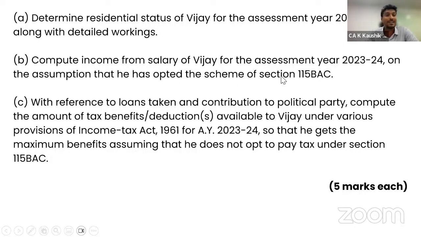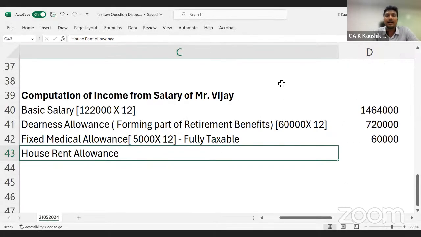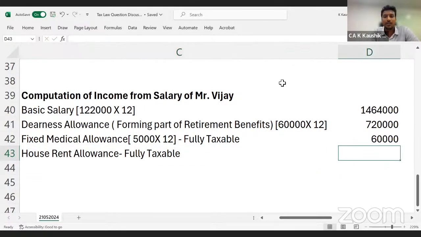So this becomes very critical as to how we are assuming. There is no requirement for me to calculate the HRA exemption under section 10(13A). Hence, I will take it as fully taxable, not an eligible allowance under 115BAC. So 25,000 into 12, the entire 3 lakhs will be considered.